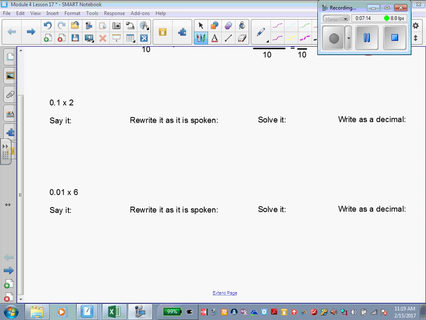Alright, but instead of times, I want to use that other word. Of 2. There we go. So we're going to say 1/10, and I want you guys to write this on your paper. 1/10 of 2. This is how we say it. 1/10 of 2. Write it down. Just like I have written it on the board.